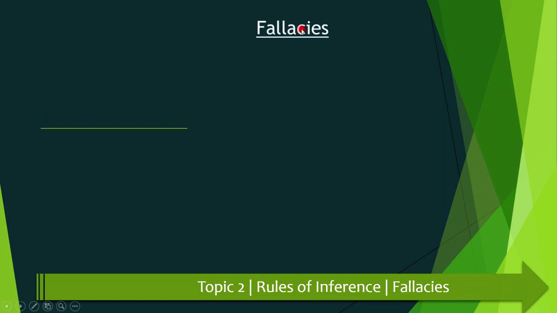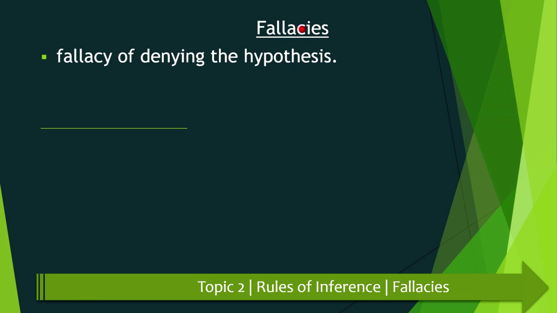The second kind of fallacy is the fallacy of denying the hypothesis. It states that P implies Q and not P, therefore not Q. This is also not a tautology.